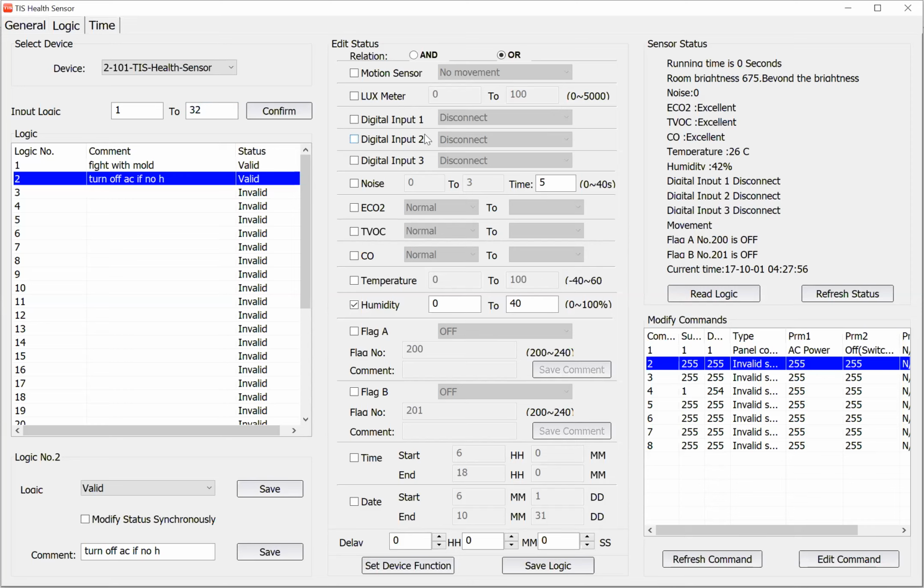If anyone has a question about these two logics, please tell me. Any question? No question.